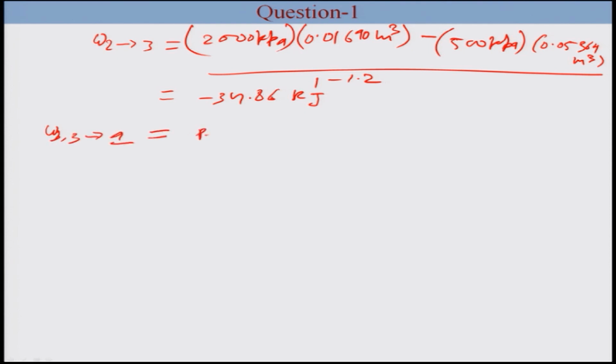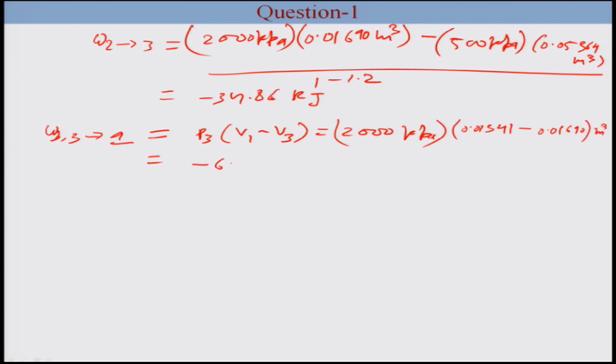So this will be P3 times V1 minus V3, which is equal to 2000 kilopascal into 0.01341 minus 0.01690 meter cube. So this gives minus 6.97 kilojoule.